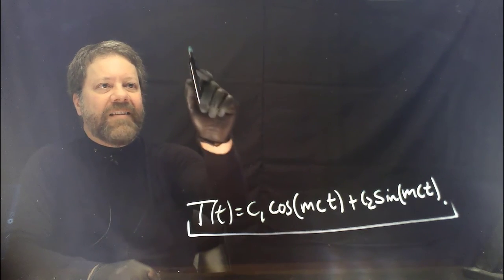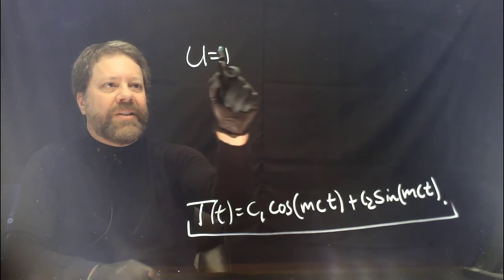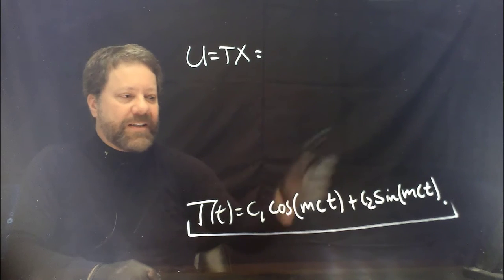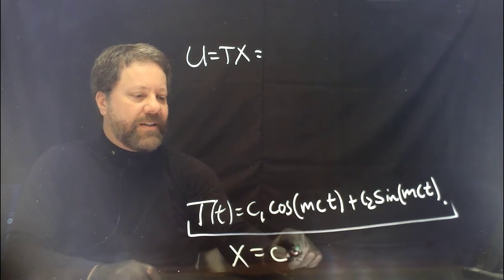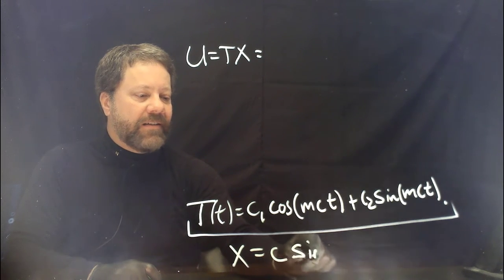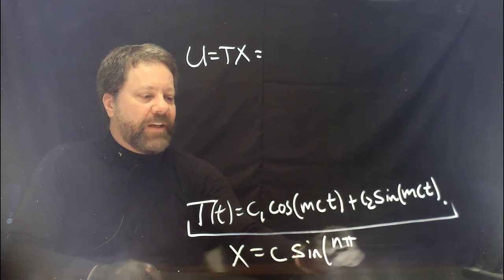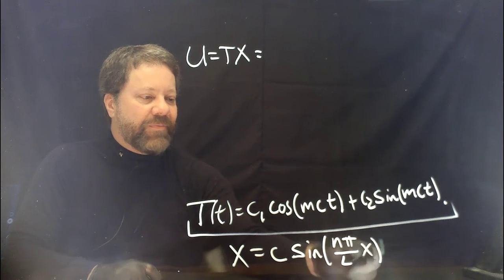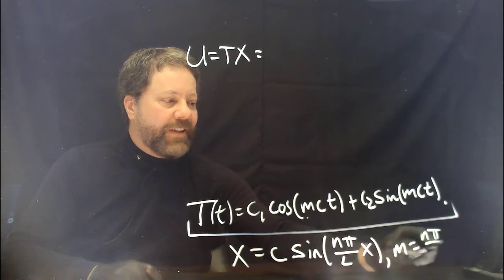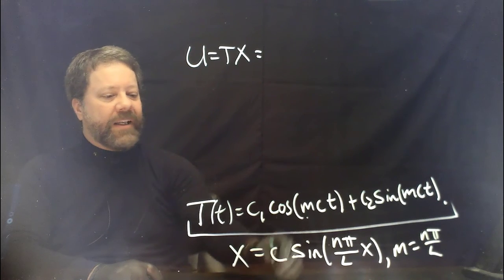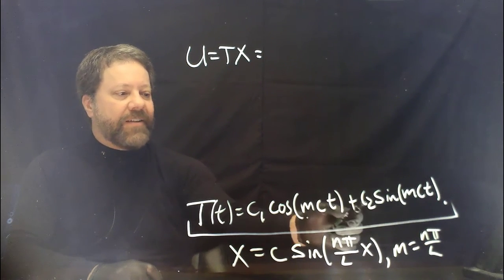You can see then that u, which is T times X, must have the following form. X was just some constant times the sine of n pi over L x. m is n pi over L. We can combine this constant with these other two.